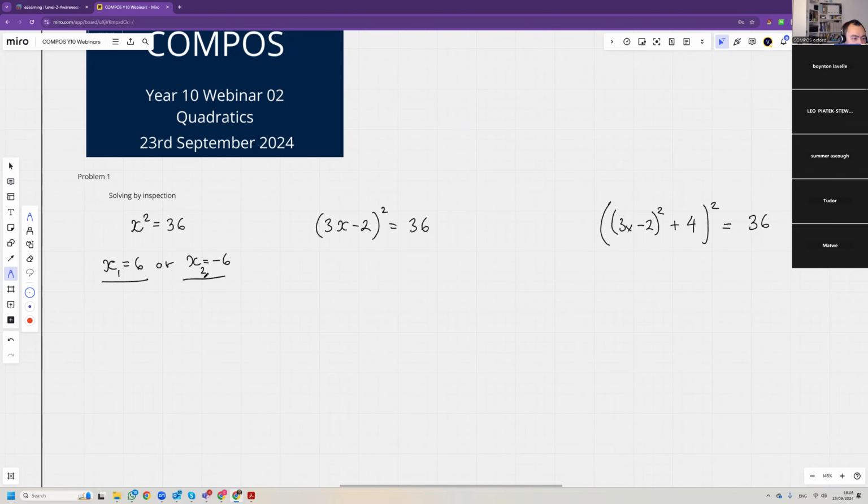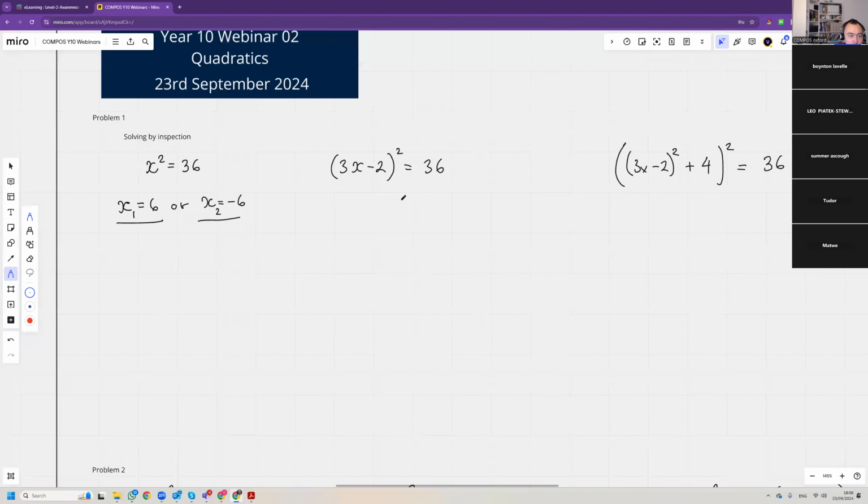If you look at this one, you might realize that it's the same-ish equation. They look very similar. Something squared is 36, so that something could be 6 or it could be minus 6.